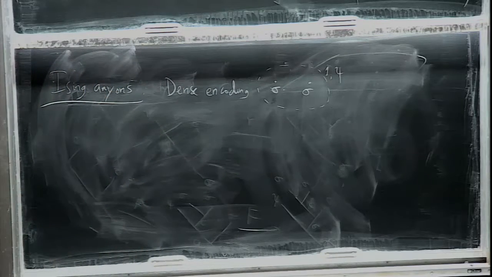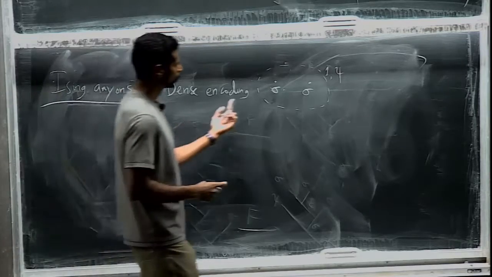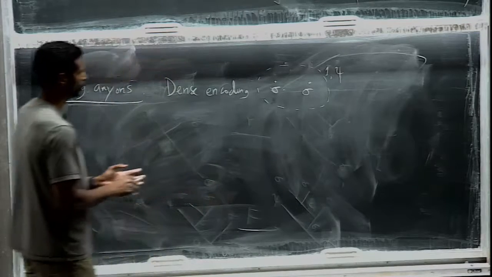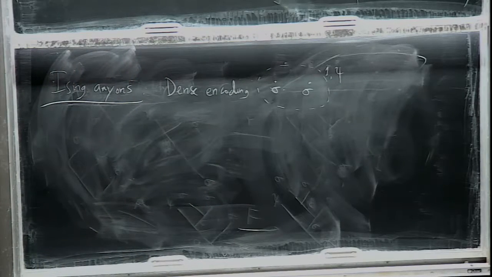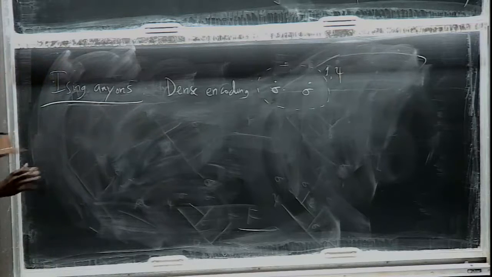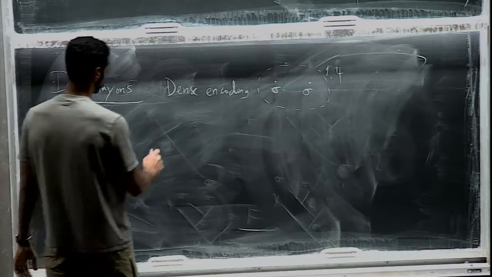But it is also not so great in the sense that if you fix the total fermion parity, then you need one extra pair of sigmas to enforce total fermion parity even, let's say. And that one extra pair of sigmas is entangled with the fermion parity of all the others. So that leads to a lot of awkwardness.